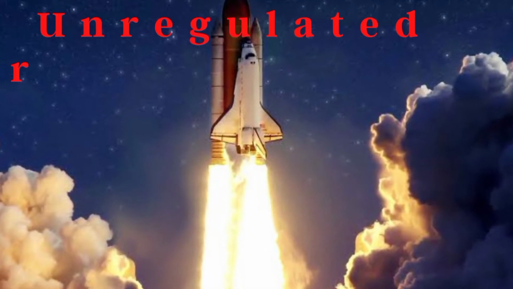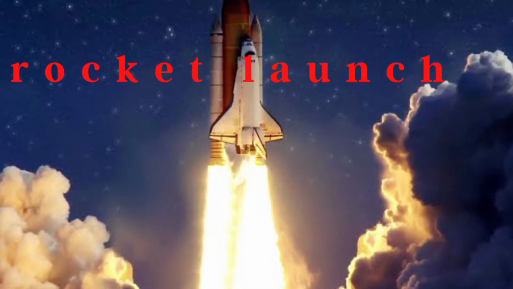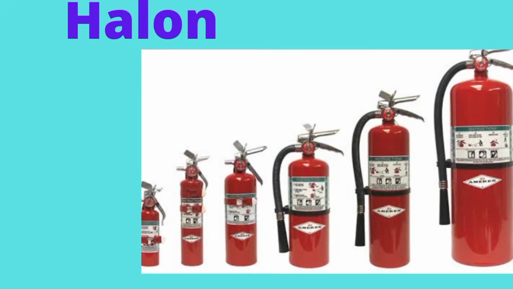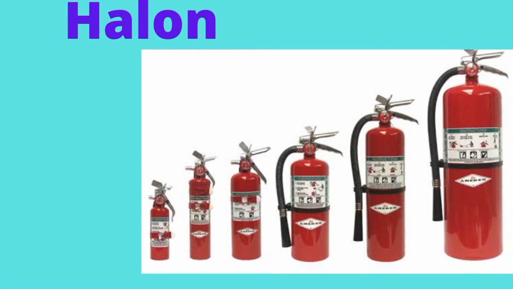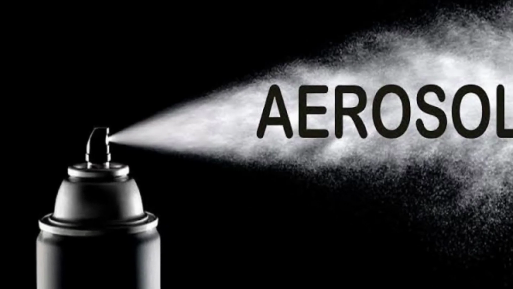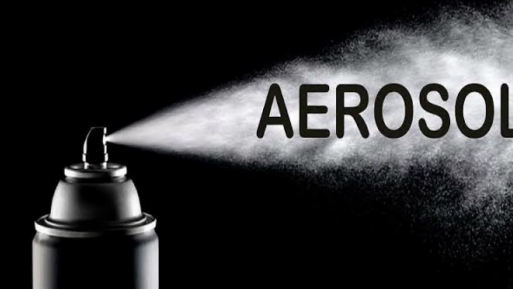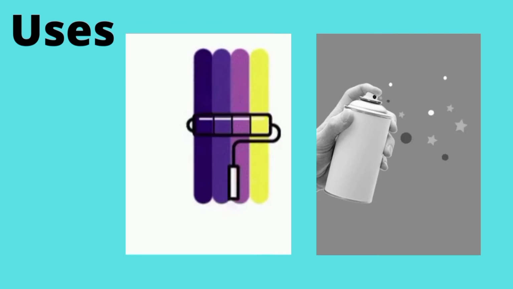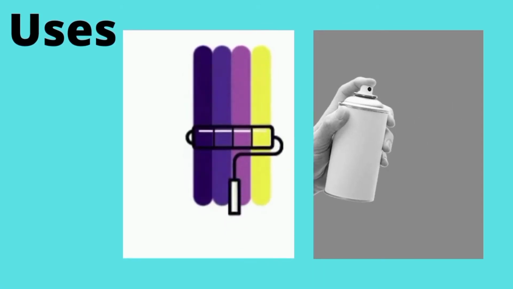Ozone layer depletion can be caused by activities such as unregulated rocket launch. It can be caused by a chemical known as halon that is used for the production of fire extinguisher. It can also be caused by aerosol. Aerosol is used for the production of paint. It is also used for the production of spray.